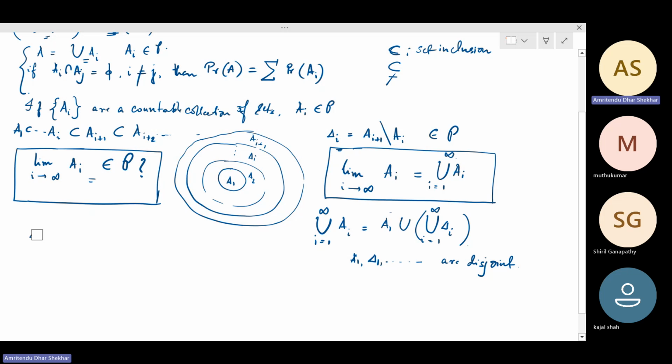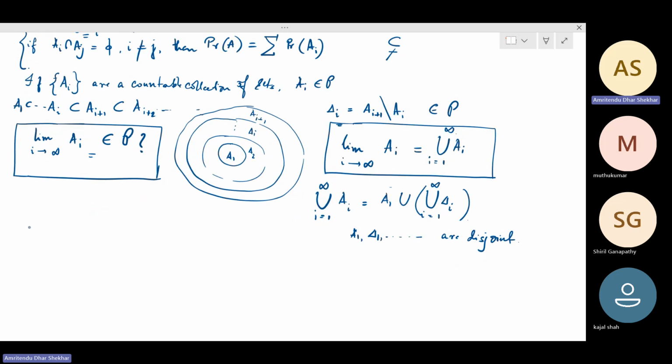So now we have this result, the limiting behavior, let's write this under quotations, of increasing or decreasing sequences of sets. But because we're in the context of probability, I will use the term event.